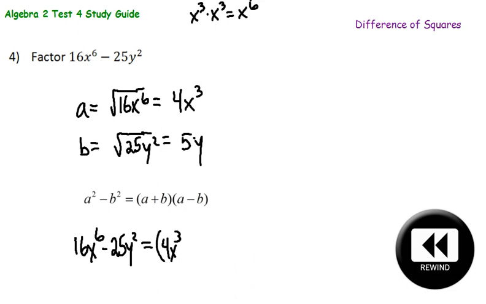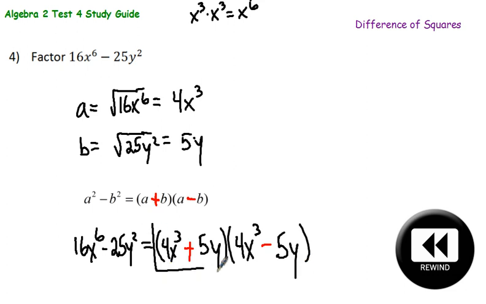Let me rewrite this. So plus, we're going to do it once as a plus. That's the only thing that's different. You see how this is once as a plus, once as a minus? Otherwise, you're copying the same thing twice. So 4x cubed plus 5y. And then you've got 4x cubed minus 5y. And that is what 16x to the 6th minus 25y squared looked like before it got multiplied out.